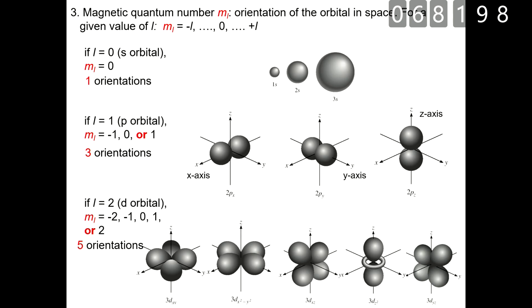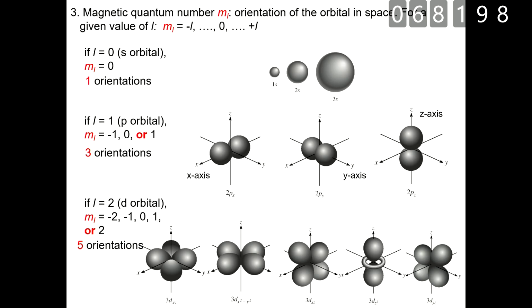By which one? Yes, by L. For example, if L is 0, we know L is the shape of the electron, right? So if L is 0, the ML can only be 0, because it goes from minus L to plus L. Minus L is 0, plus L is 0, so it can only be 0.